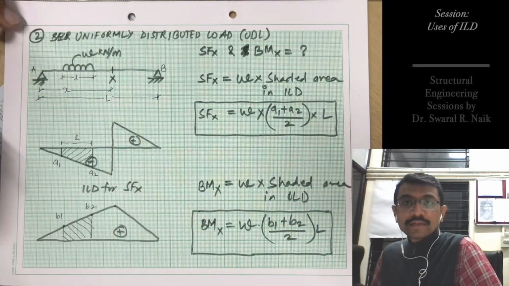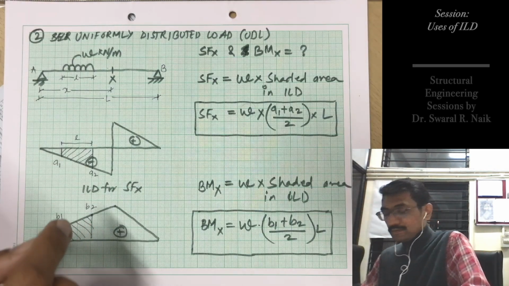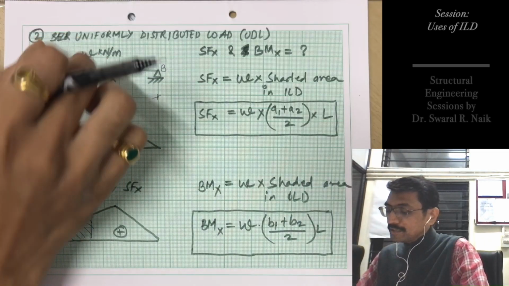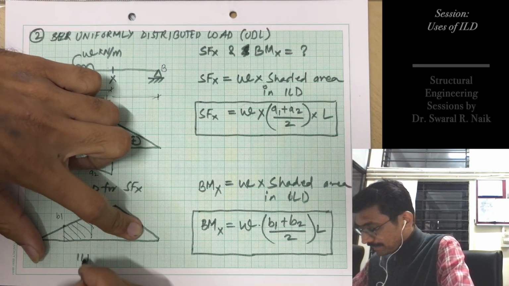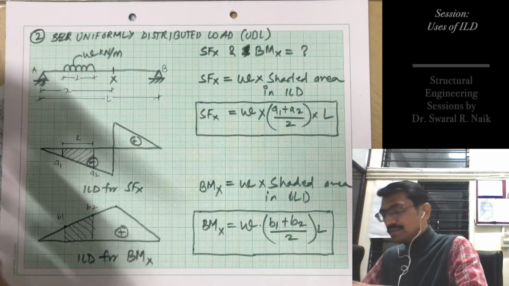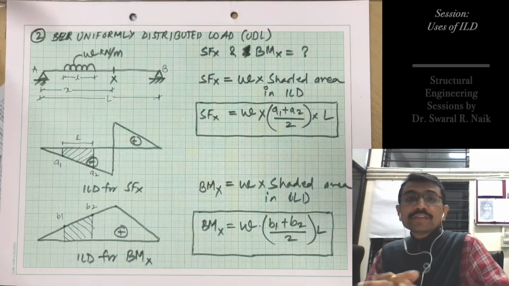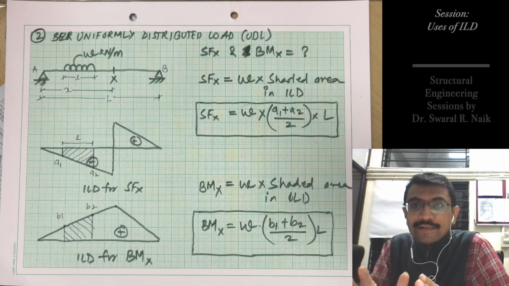So this is the value of ILD for shear force at X when load is at this position, and bending moment at X. So this is how it is calculated. So these are the major use of influence line diagram. Pay attention.